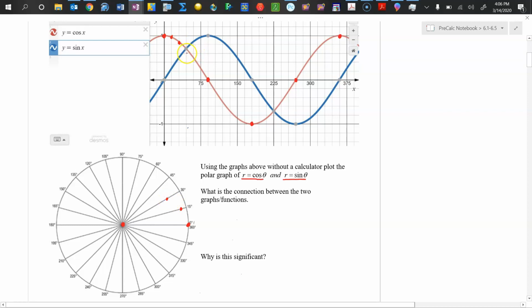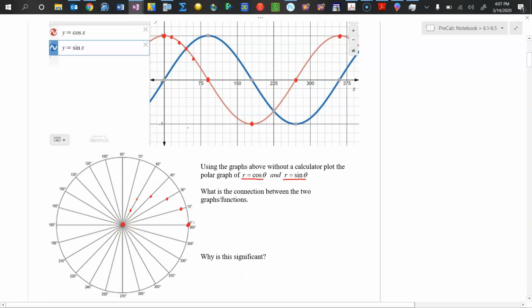And at 45 degrees, even a little bit less. And at 60 degrees, even a little bit less.